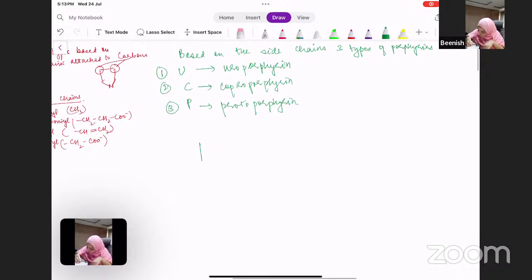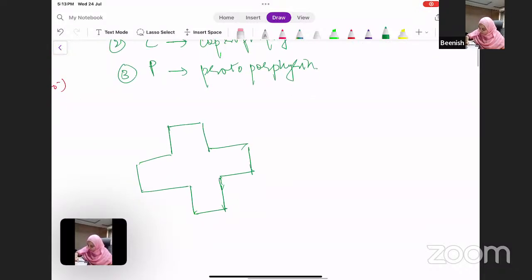So in uroporphyrin, I'm representing the pyrrole rings like this simply. The correct structure I've already represented. This is just for representation purposes only, okay? Not drawn to accuracy. So just imagine this is your porphyrin ring. So I am going to draw the structure of uroporphyrin. Okay, I'm going to explain these numbers as well. What do you mean by 3 and 1? For now, for your uroporphyrin, you have A and P, that is acetyl and propionyl.